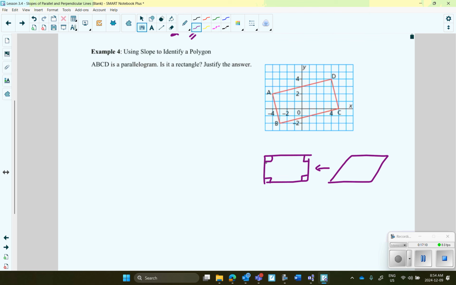The question is this one, you're told it's a parallelogram, but is it a rectangle? And you can't go by the way it looks. Because there could be a really slight bend to it. You just can't see it. So we have to prove it.